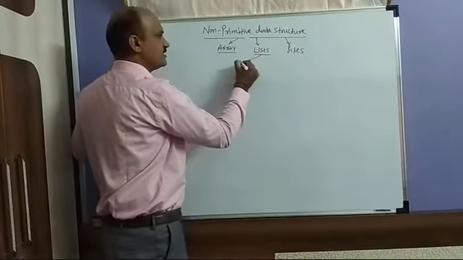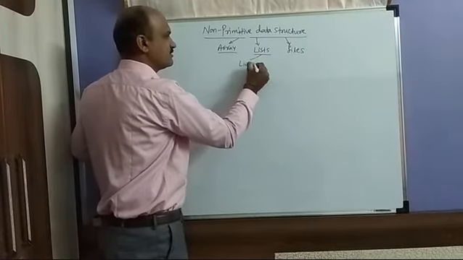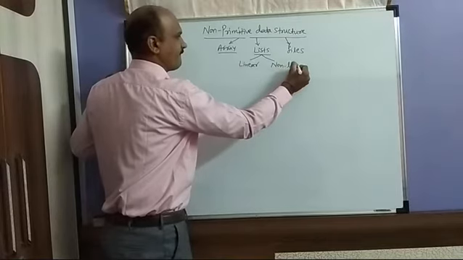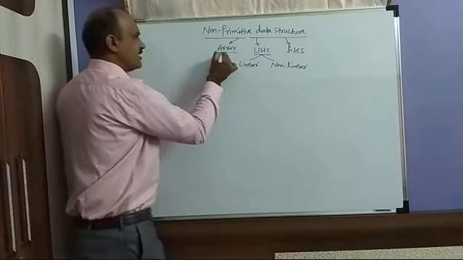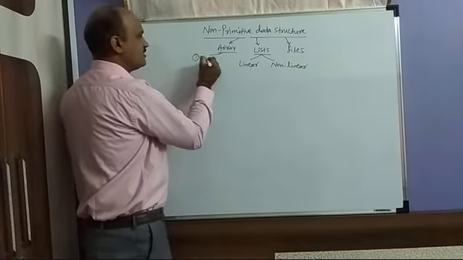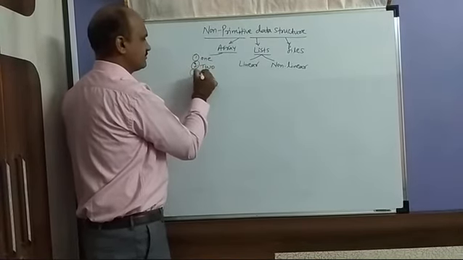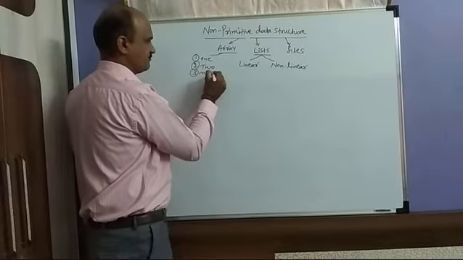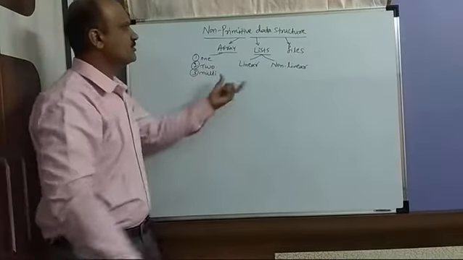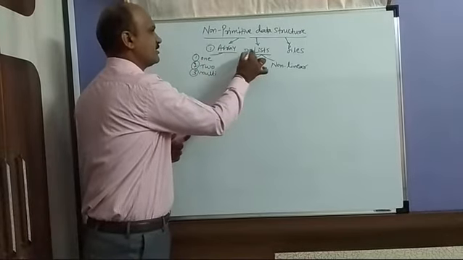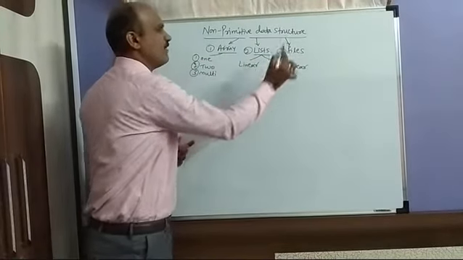So in the list, it is linear and non-linear. In the array, it is one-dimensional, two-dimensional and multi-dimensional. This is how the non-primitive data structure is. The first one is array, second one list, third one files.